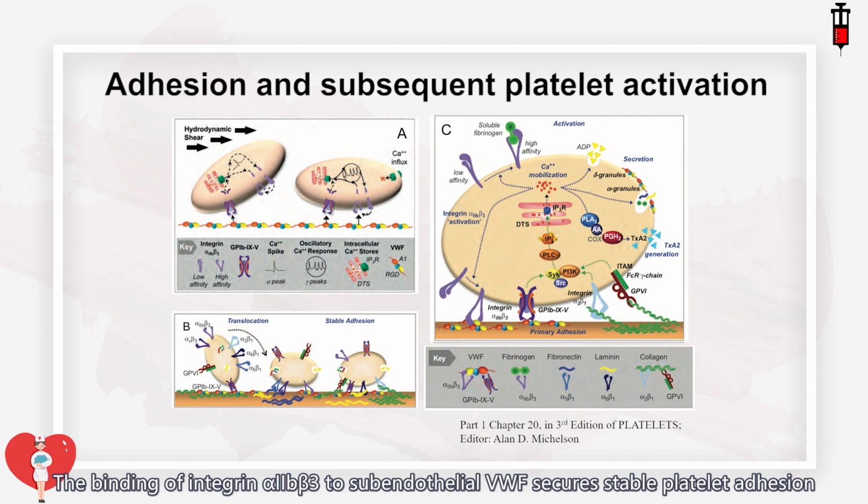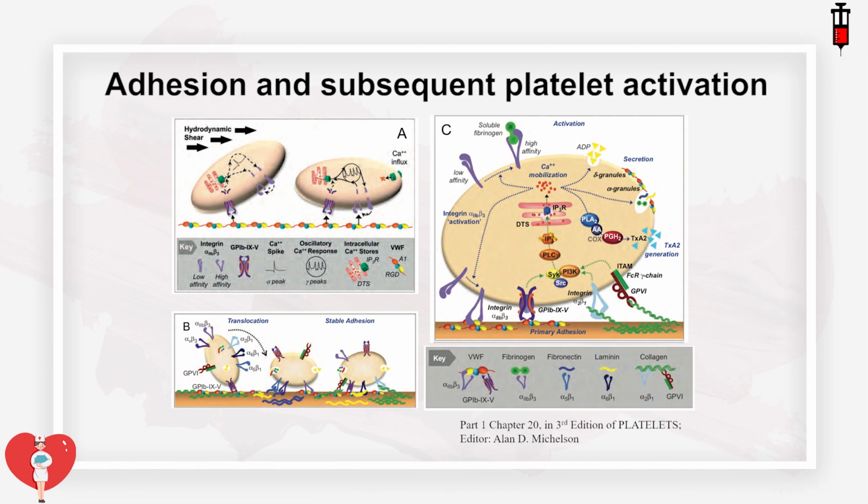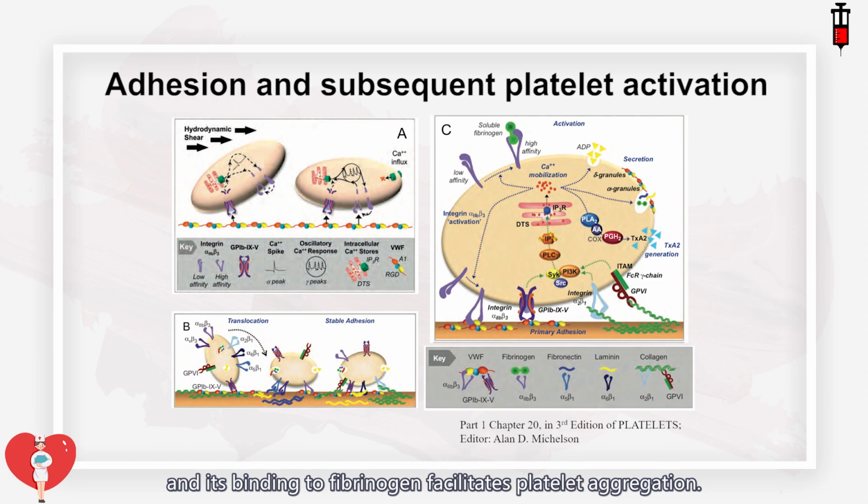The binding of integrin alpha-IIb beta-3 to subendothelial VWF secures stable platelet adhesion to the vessel wall and its binding to fibrinogen facilitates platelet aggregation.